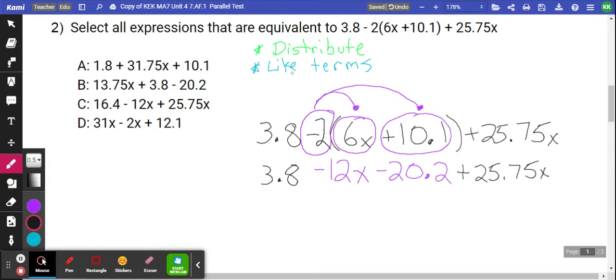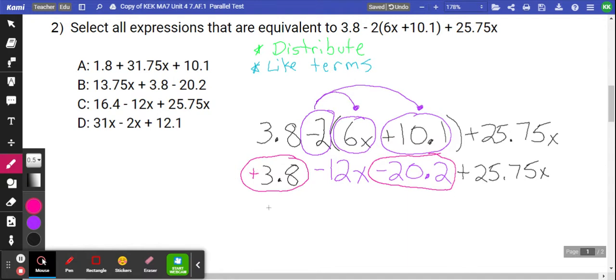Now I'm ready to combine my like terms. I'm going to put circles around my constant terms. So I have a positive 3.8 that does not have a variable. And I look and I see that negative 20.2 also does not have a variable. And notice I kept the positives and the negatives with them.